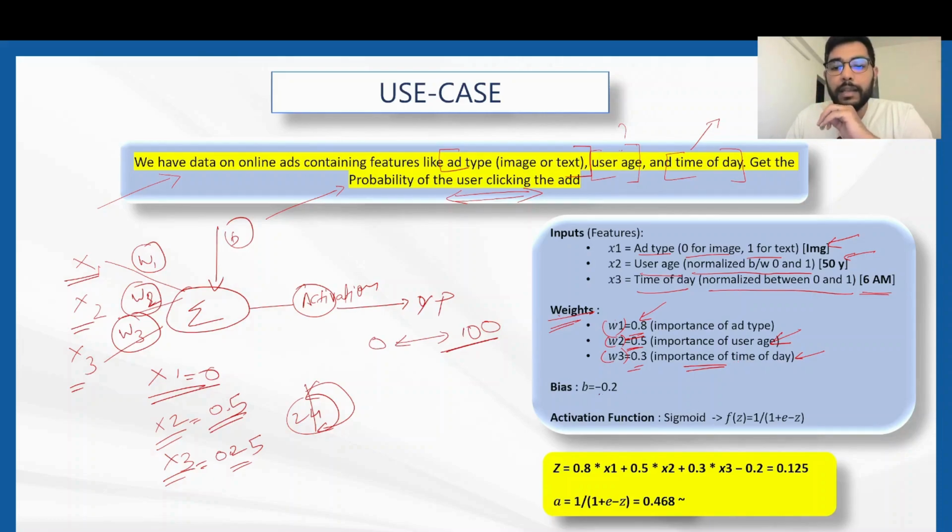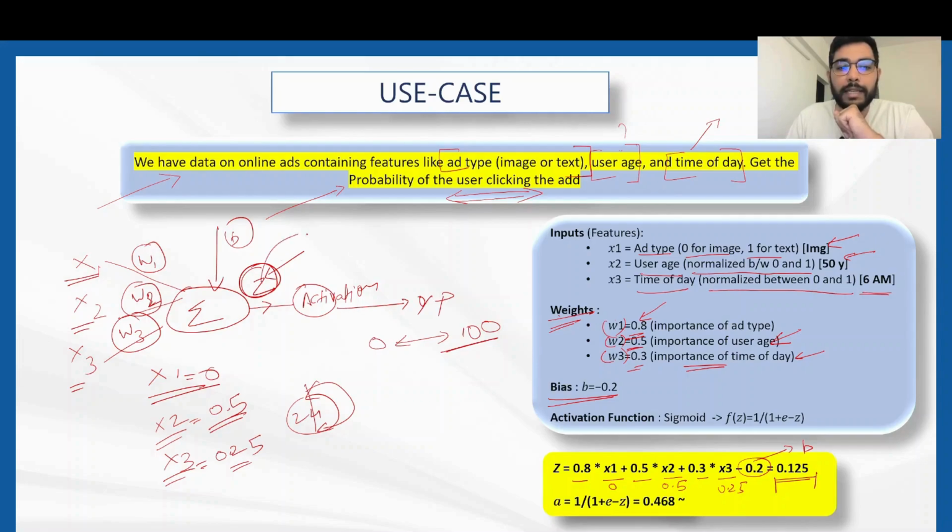Now we have a bias term at hand. First, to get z, the output of the summation function, we have 0.8 into x1, x1 is 0, plus 0.5 into x2, x2 is 0.5, plus 0.3 into x3, x3 is 0.25, and minus 0.2. This is the bias term. We'll get 0.125, right?